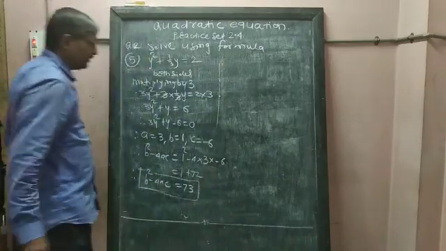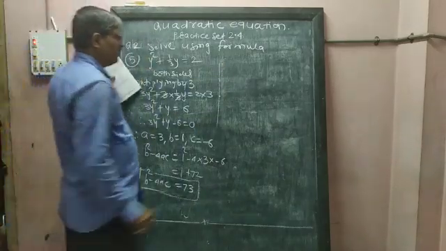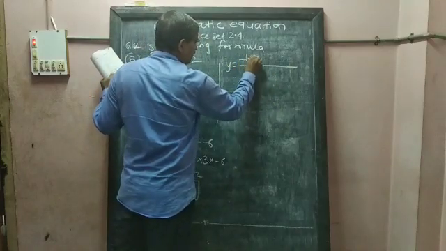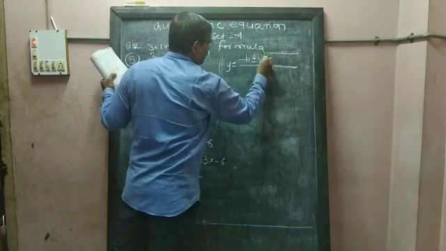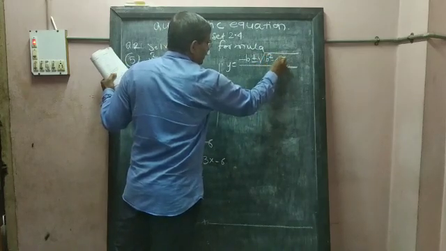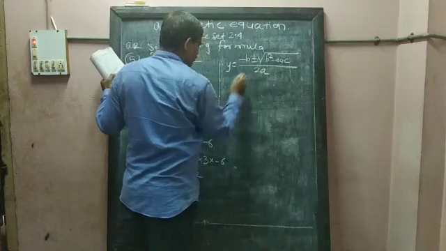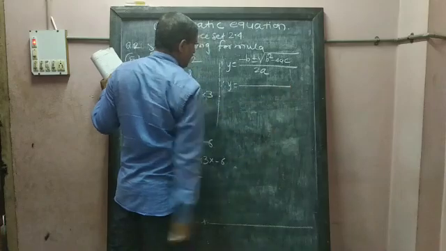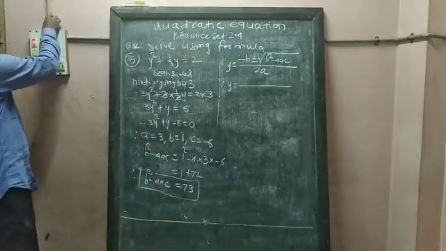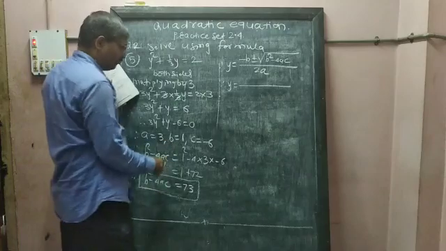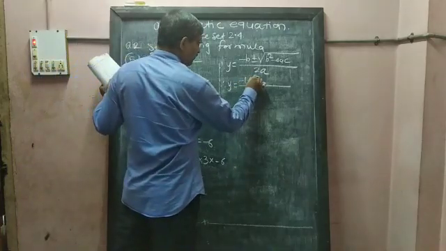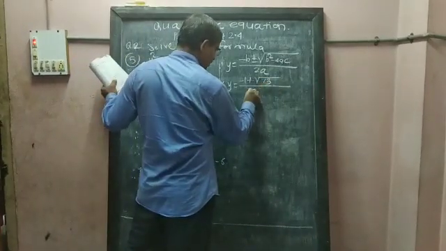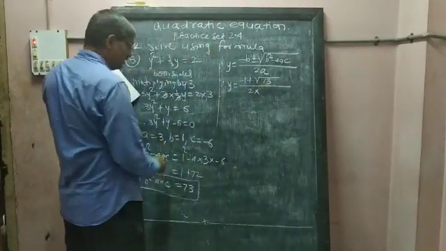We will use this formula. So take y is equal to minus b plus minus under root b square minus 4ac upon 2a. Therefore y is equal to minus b means what? Minus b means here value of b is 1, minus 1 plus minus under root 73, upon 2 into a means 3.